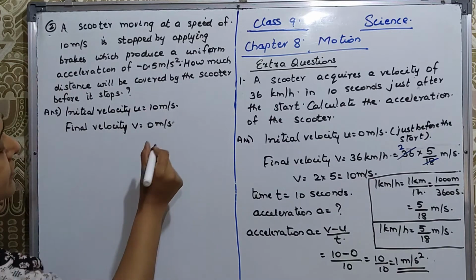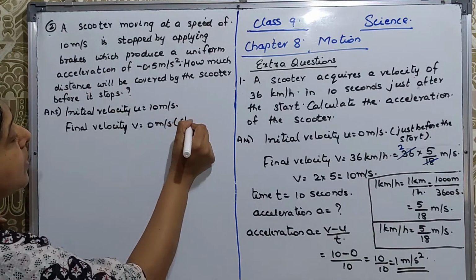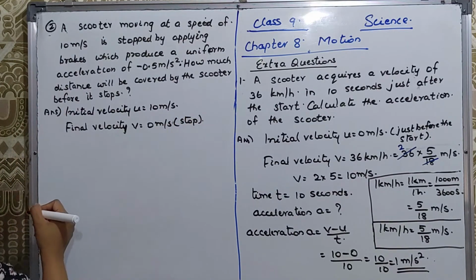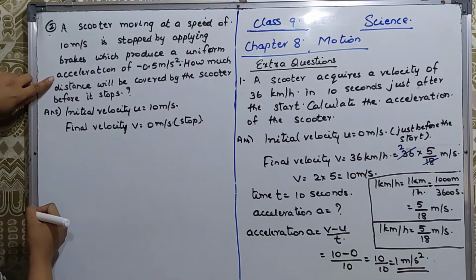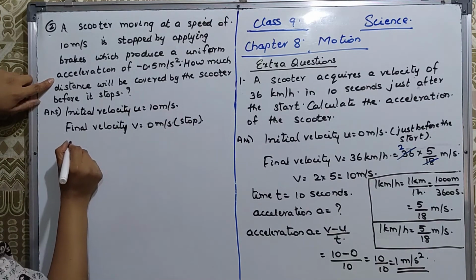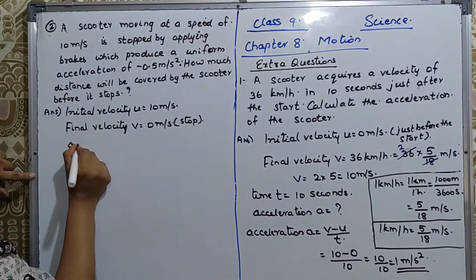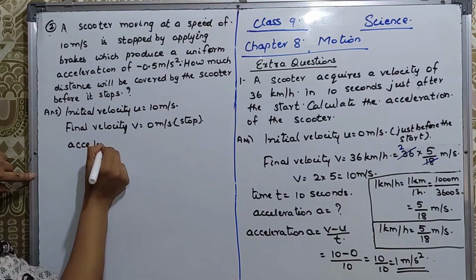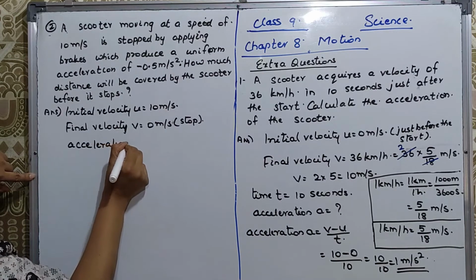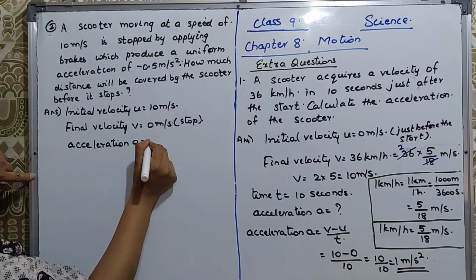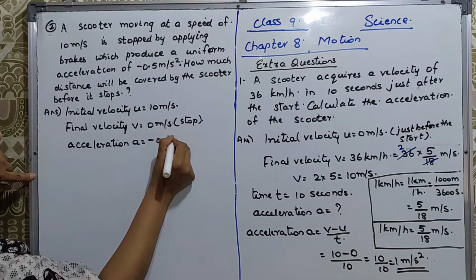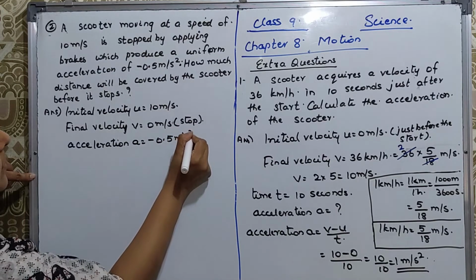Because it stopped after some time. So here I'll write stop. Which produces a uniform acceleration. Here this acceleration is actually the retardation. So acceleration a equal to minus 0.5 meter per second squared.